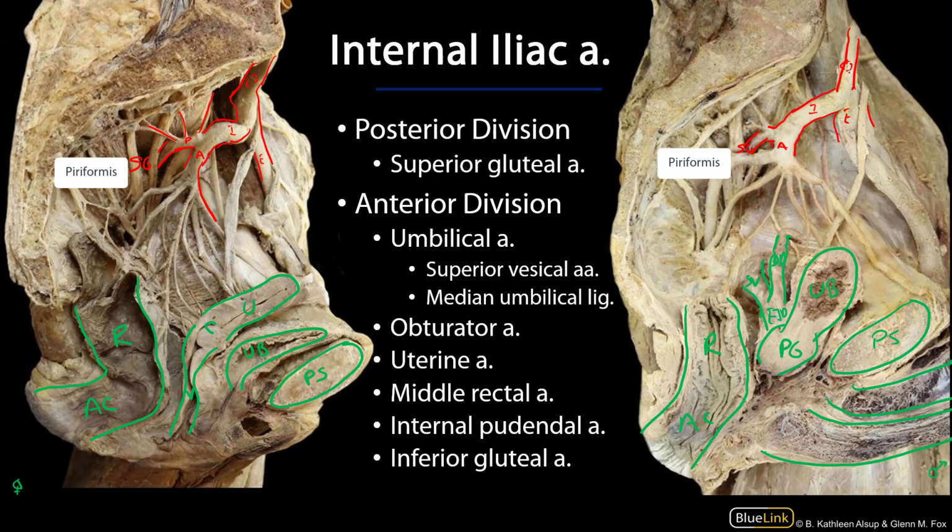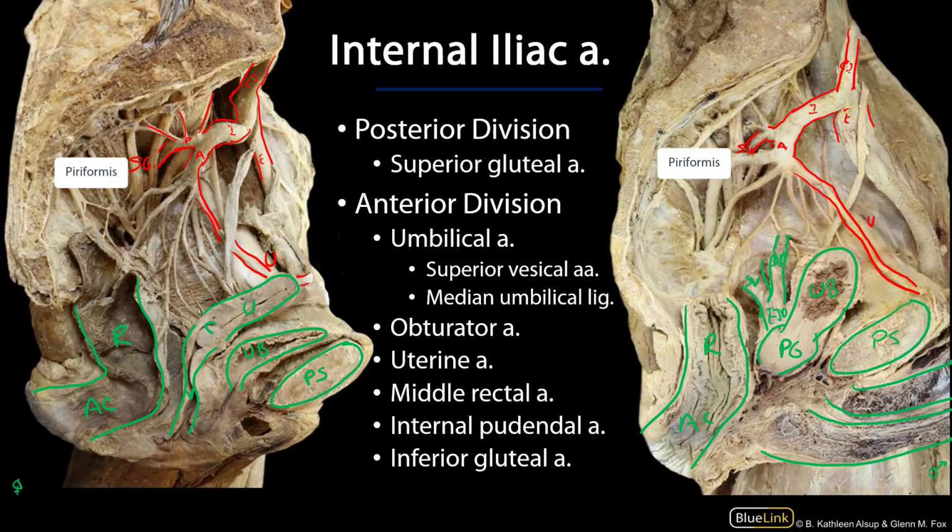So let's start with this lovely one here. This is going to be the umbilical artery. We can see the umbilical artery over here traveling along. And that umbilical artery is going out to the anterior body wall.